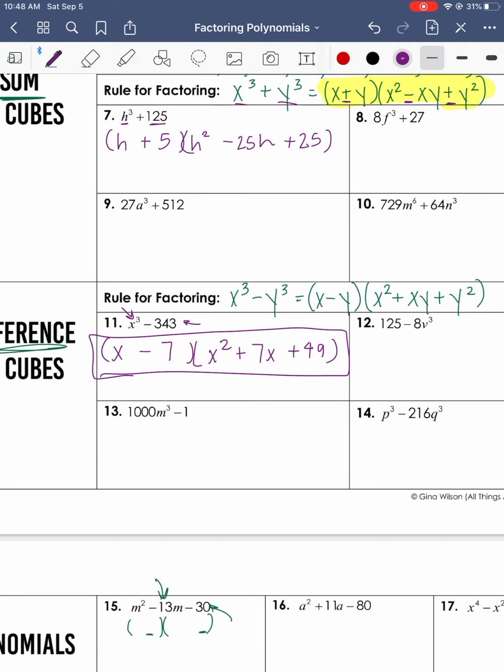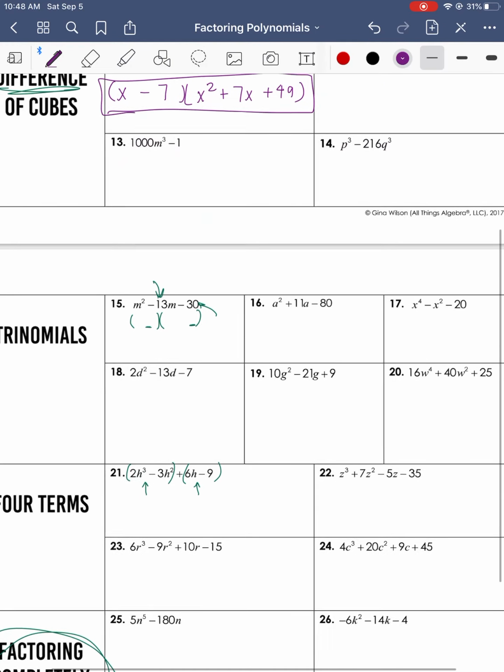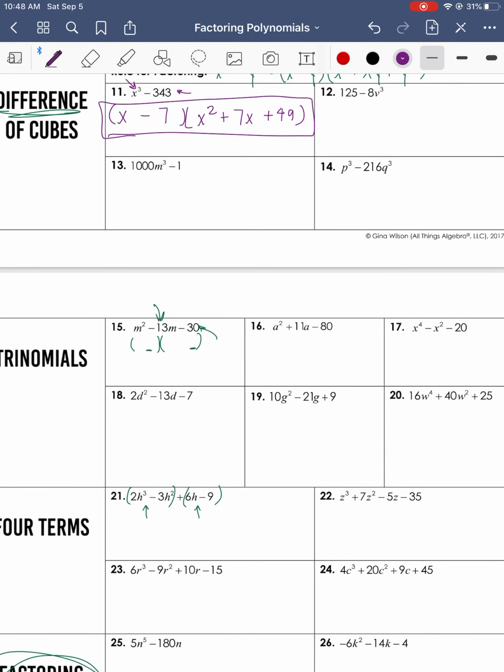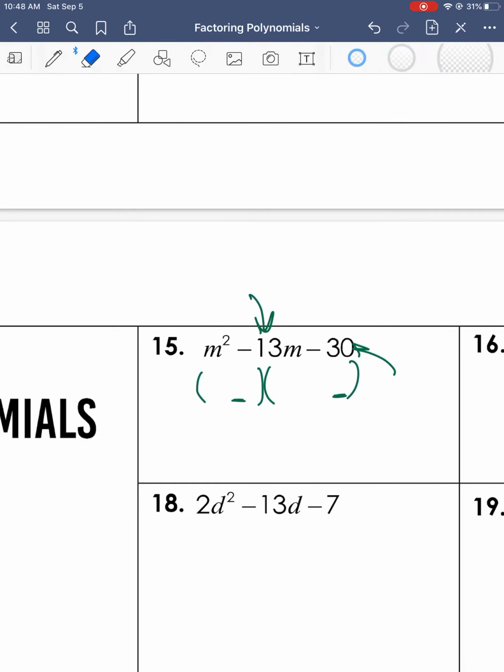Awesome. Okay, I'm kind of blowing through these, so you might need to stop, pause while you're working on some of the other problems. Okay, let's take a look at 15. This is just trinomial factoring. It doesn't really have a special name, but this is, like I said earlier, probably where you've had the most practice here.